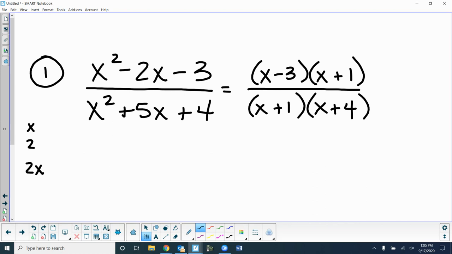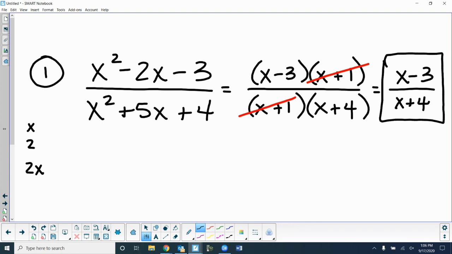So I see in the top an x plus 1 and 1 in the bottom. So those cancel, and my answer is x minus 3 over x plus 4. We've just simplified that fraction. Right. So again, 1, 2, 3, and 4, factor everything that can be factored first.